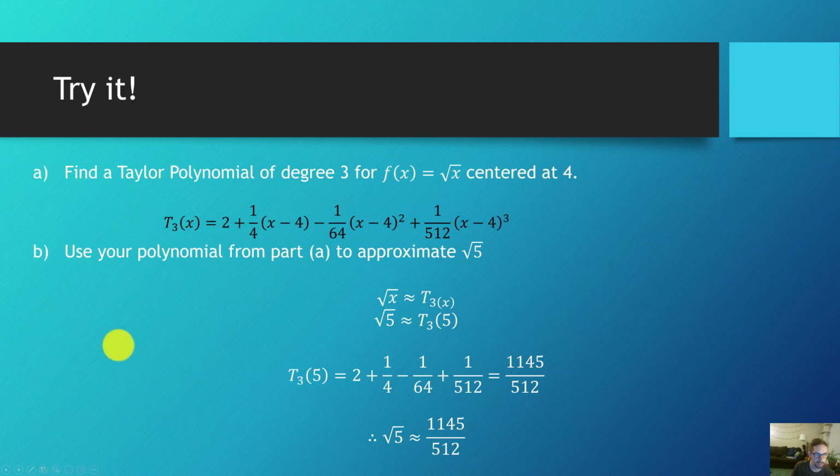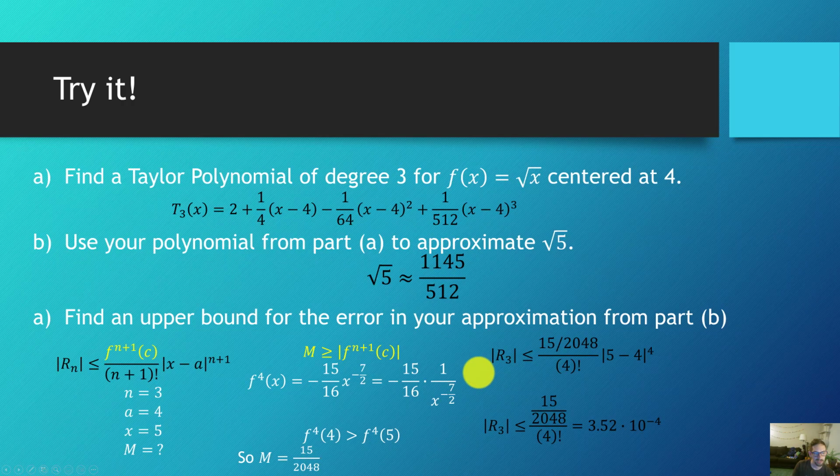For B, using your polynomial to approximate square root of 5, we'll get this fraction. You can also write it as a decimal, but I wrote it as 1,145 over 512 because it's still a decently nice fraction. Then for the upper bound in the error, we do all the work like we did in the last example.